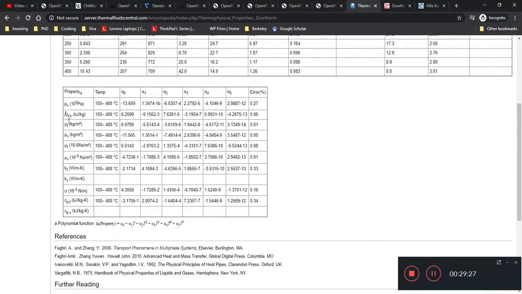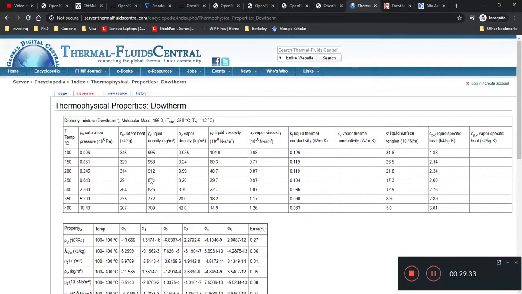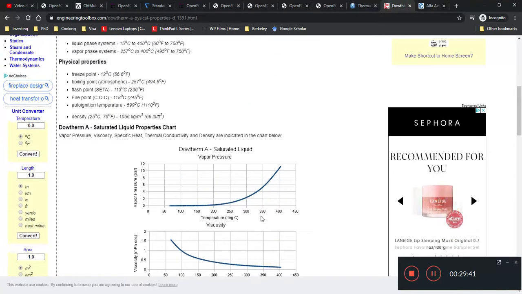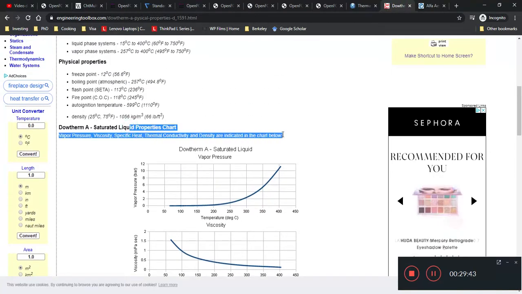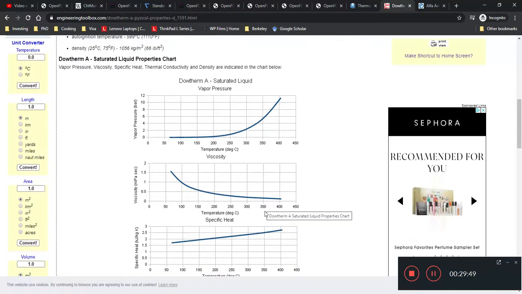Unfortunately though, this is of course between 100 and 400 degrees C. So for temperatures below that, you may not get the same results. So instead, you can take a look at this saturated liquid property chart, where you have the vapor pressure, which is hardly used in here because it's a single phase, not a two-phase thing.